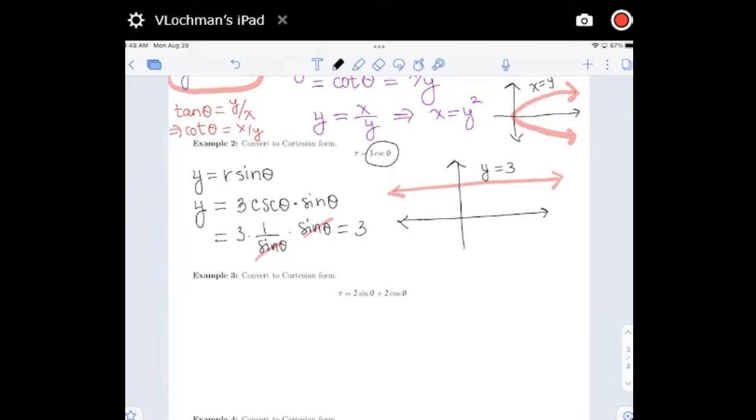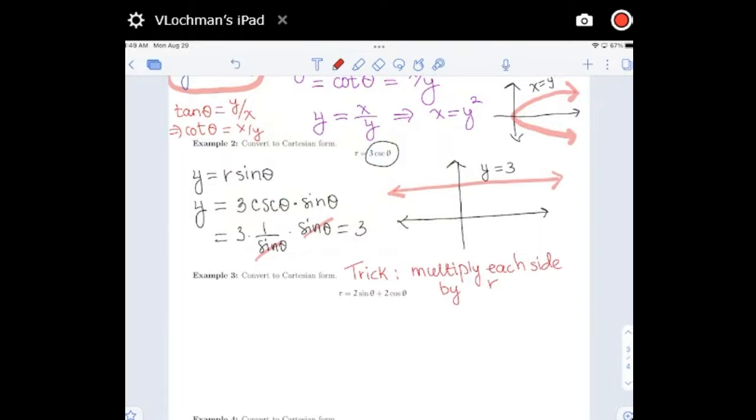Now here I'm going to use a trick. That's just one of those methods to keep in mind. I'm going to multiply each side by r.